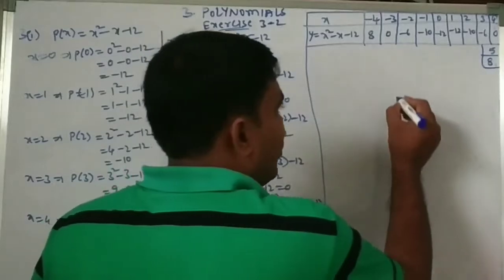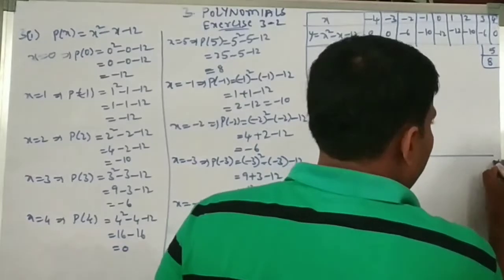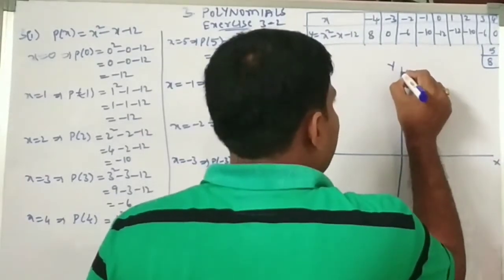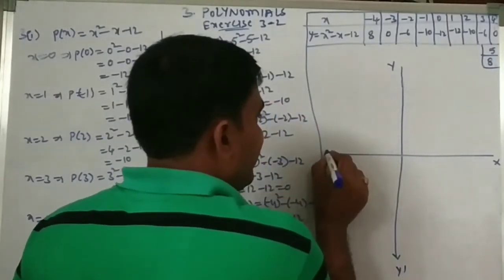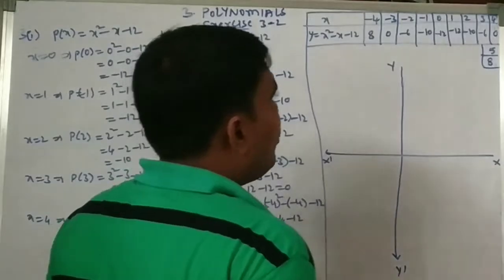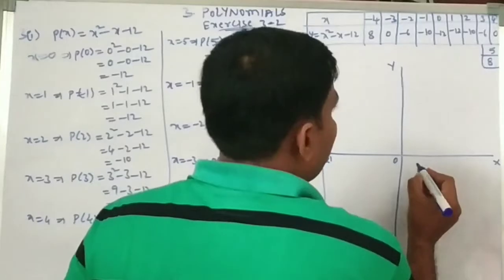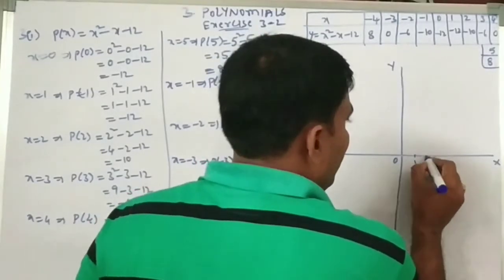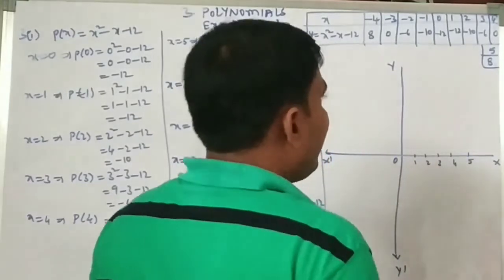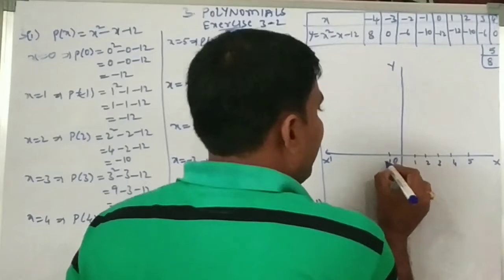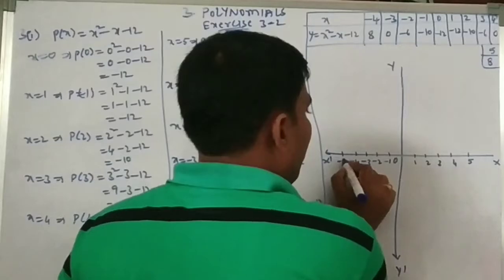Now I want to take a coordinate axis. This is the x-axis, this is the y-axis. This is the negative side of the y-axis, this is the negative side of the x-axis. Now the values 0, 1, 2, 3, 4, 5, and on the other side minus 1, minus 2, minus 3, minus 4, minus 5.